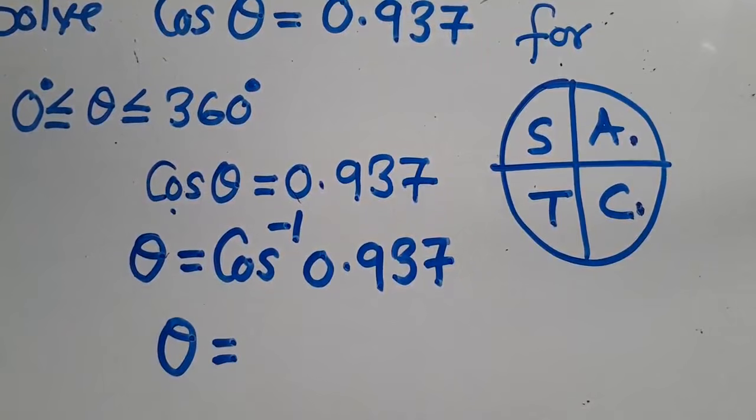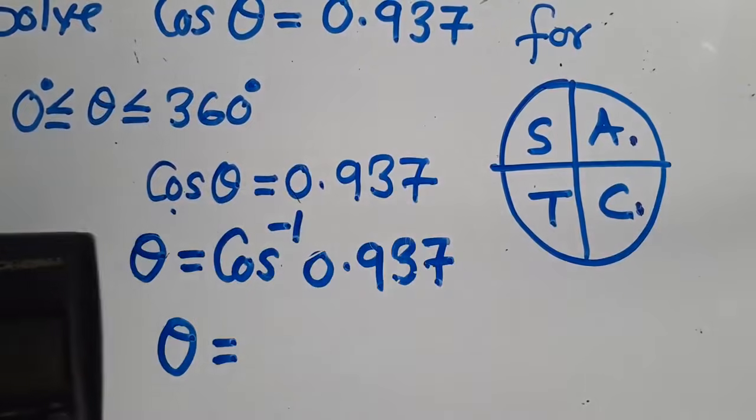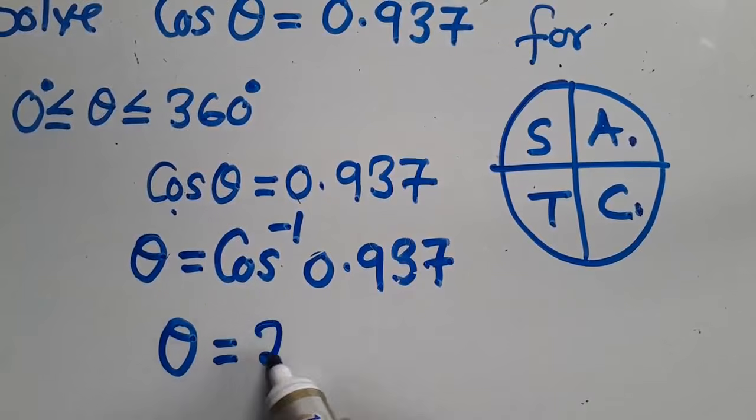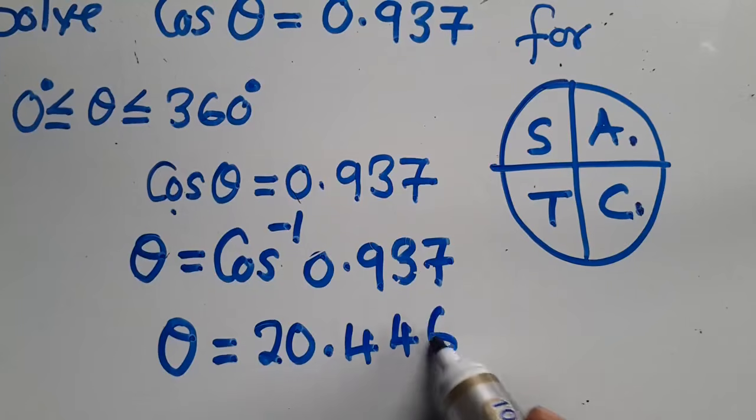Shift, then cos. It will appear like this. Then you enter 0.937. What answer are we getting? We are getting 20.446. This is the answer that we are getting.